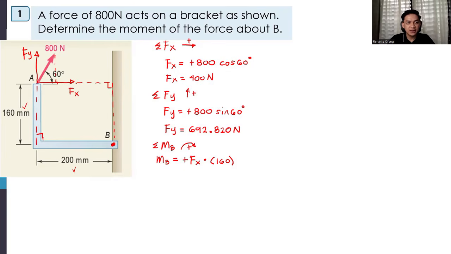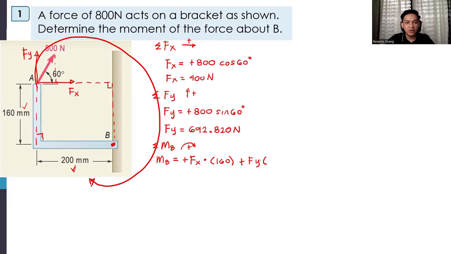Proceed po tayo, class, sa ating Fy. Tingnan natin if positive ba siya o negative. So pag paiikutin natin siya with respect to our point B, that is clockwise. So ilagay natin dito positive Fy multiplied by its lever arm or its perpendicular distance, and by inspection, yung perpendicular distance po ng Fy natin is this one, which is 200.